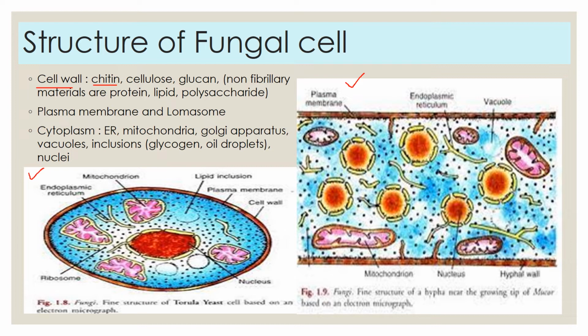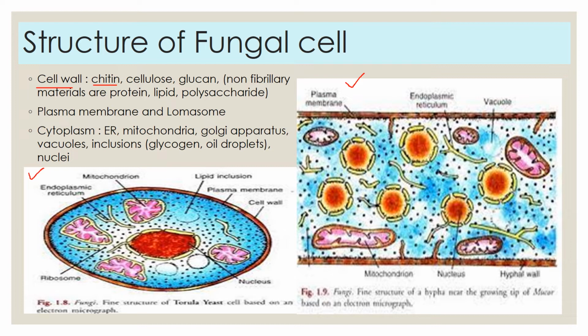Chitin is present in the cell wall of any fungus; whenever we come across such a cell wall, we can say that this is the cell wall of a fungus. So chitin is a characteristic feature of the cell wall of fungi.